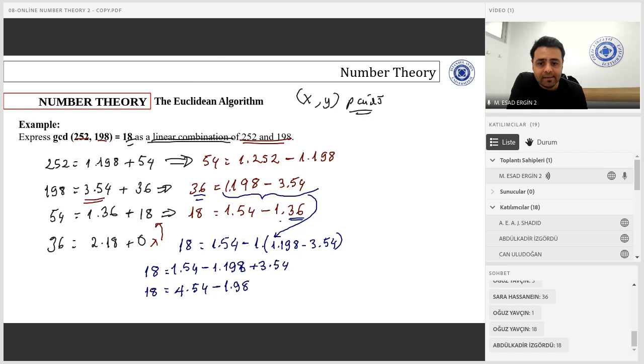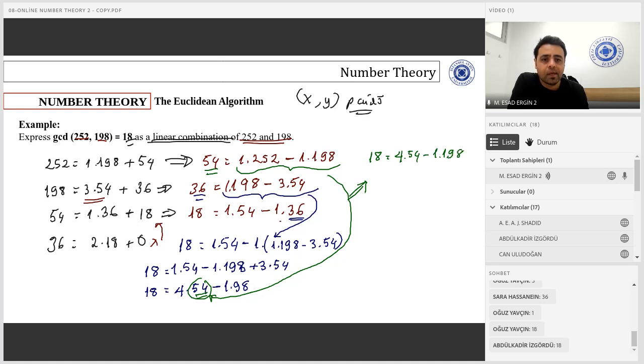It equals 18. Now I'm going to change the color again. Now I have 54, and also I have 54 information here, and I'm going to use that 54 inside of this 54. So I'm going to rewrite here 18 equals 4 times 54 and minus 1 times 198.